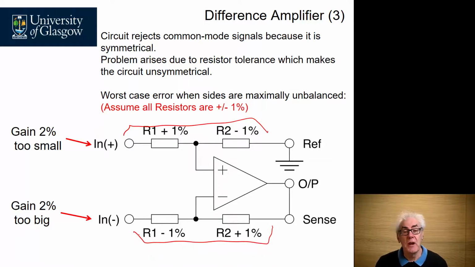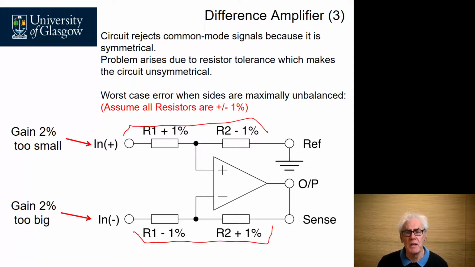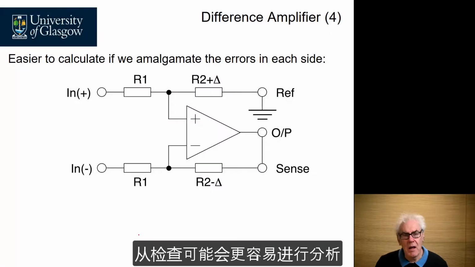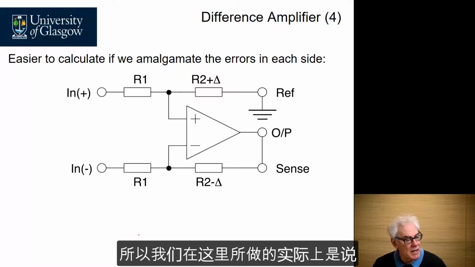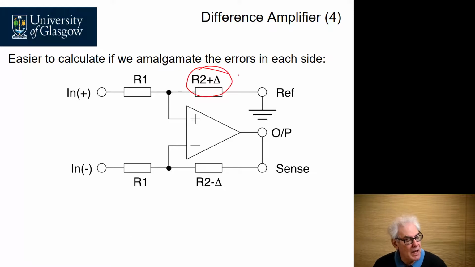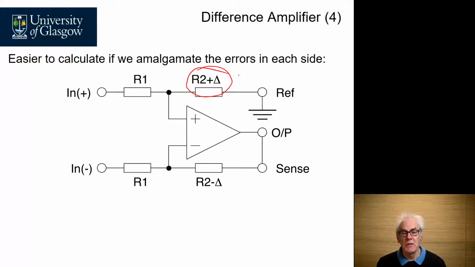So we need to calculate what the effect of this mismatch of resistors would actually be. It's easier to do the analysis if we collect all the errors onto one resistor. So what we've done here is assume that this resistor, R2, is 2% high, and this resistor, R2, is 2% low.